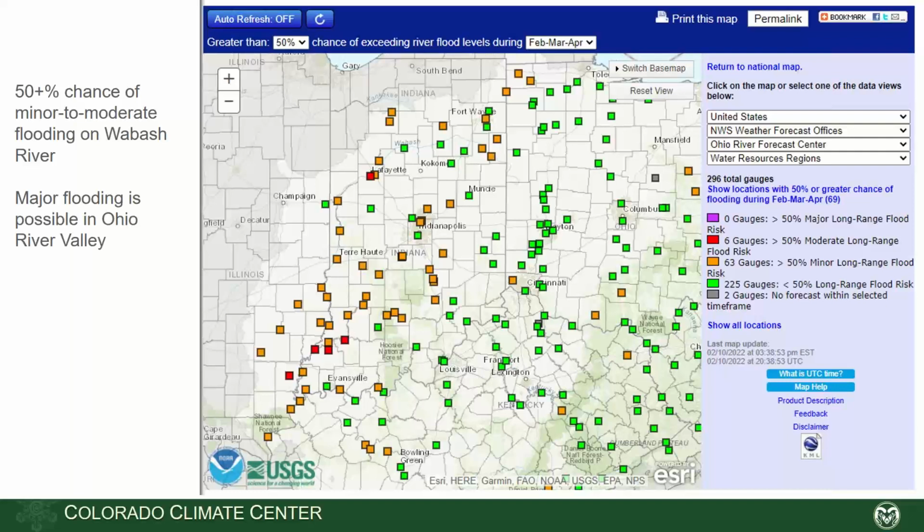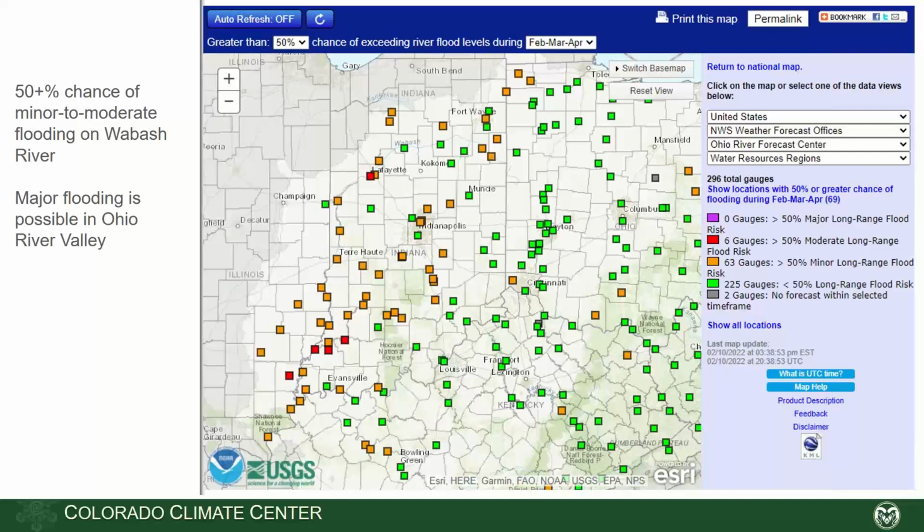Okay, along with that is just a little bit of a summary of what is going on at the River Forecast Center level. So this is a look at river projections through April, the probability of rivers reaching minor, moderate, or major flood stage over the next 3 months.